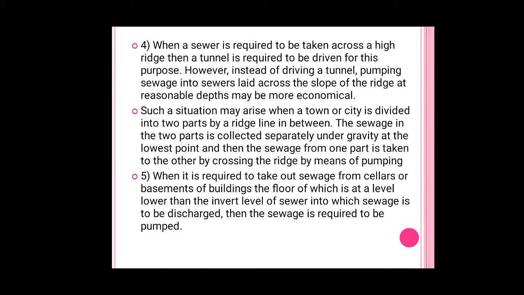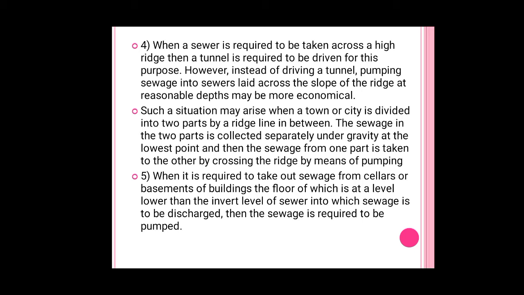When the sewer is required to be taken across a high ridge, then a tunnel is required to be driven for this purpose. However, instead of driving a tunnel, pumping sewage into sewers laid across the slope of the ridge at a reasonable depth may be more economical.